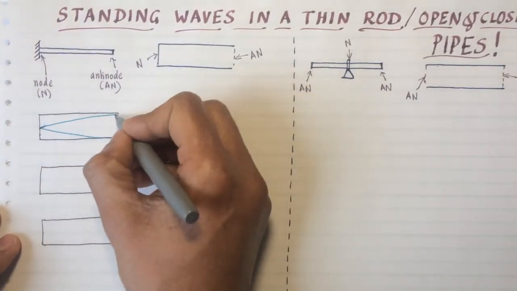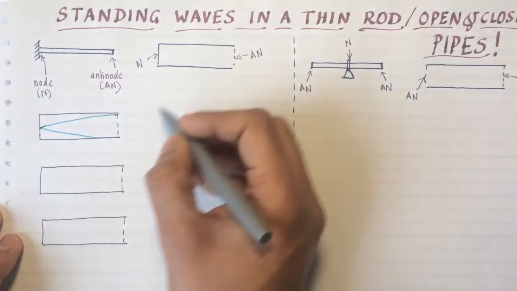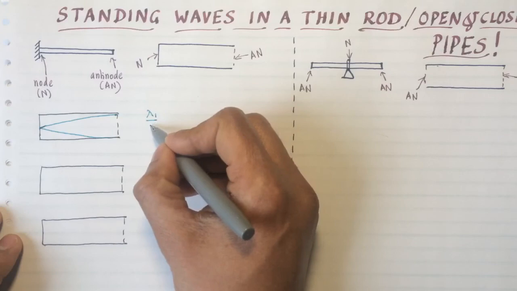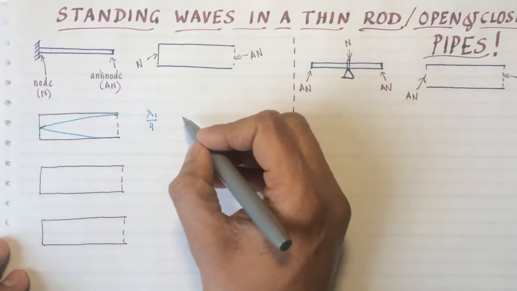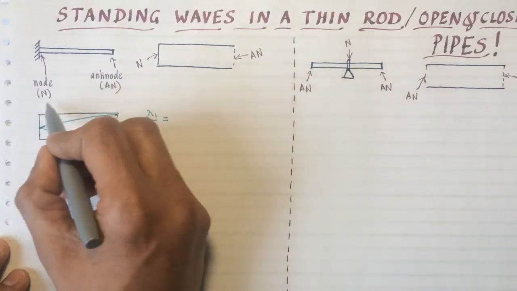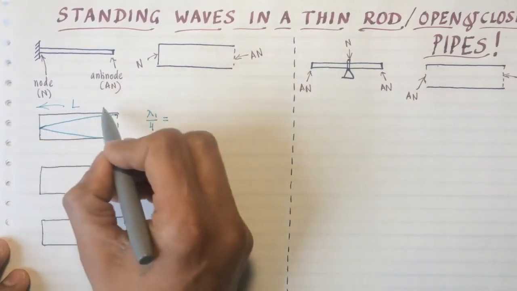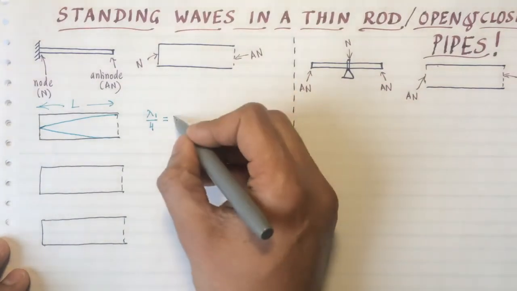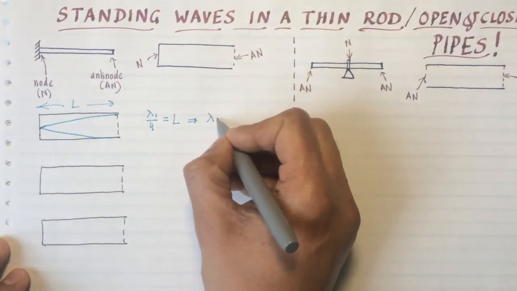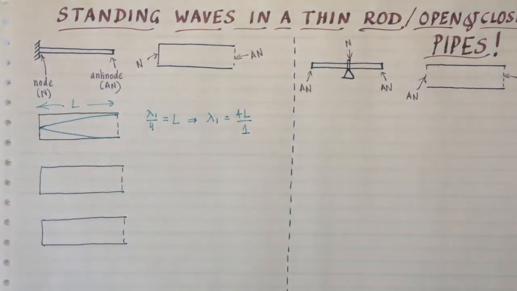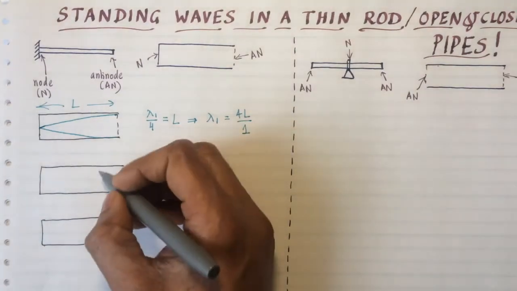Now that is 1/2 of a loop, and each loop is half a wavelength, so that's lambda 1 over 4 because it's half a loop, and that's equal to the entire length, which I'll take to be L. This is the length of either the rod or the pipe, which means that lambda 1 is 4L, which I'll write as 4L over 1. You'll see why I'm doing that.